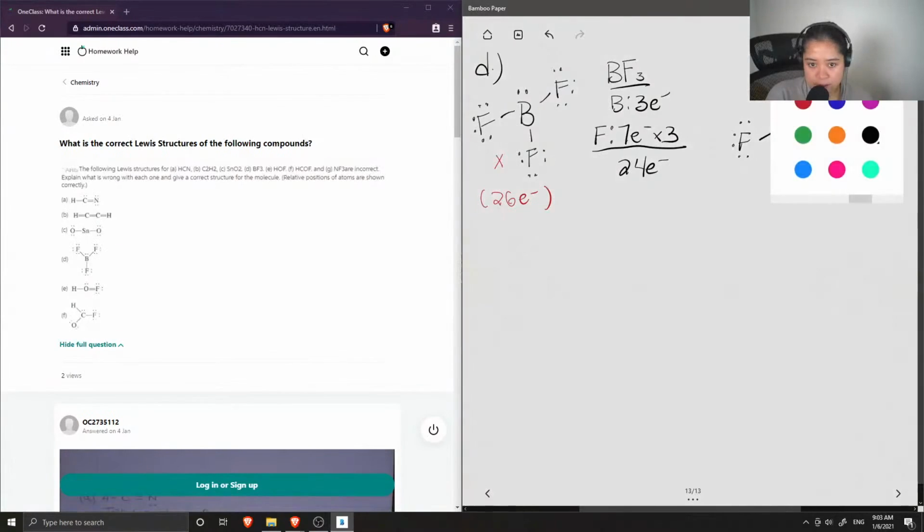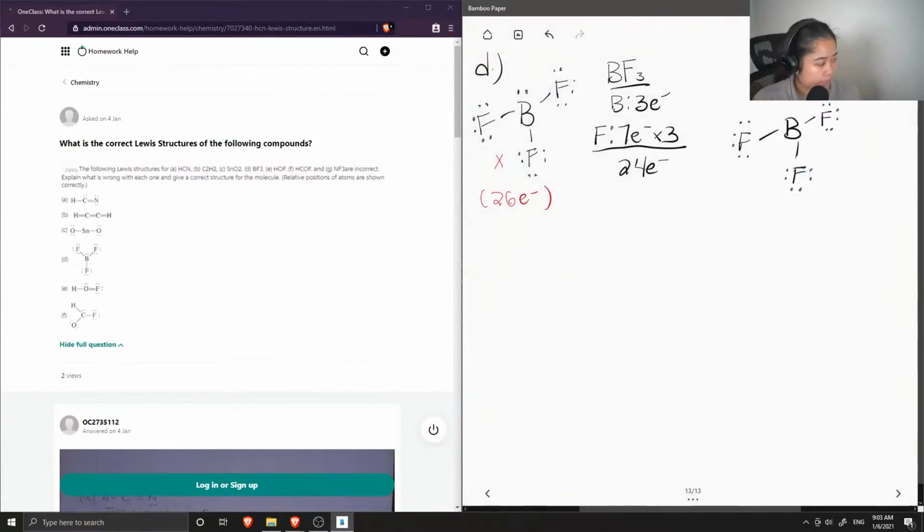So I'll write that down: that boron is an exception to the octet rule. And now if we count out our electrons, we should have 24 in this new structure.